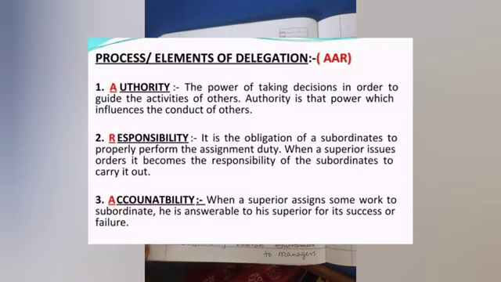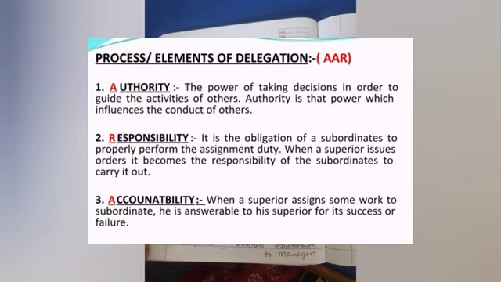Now let's discuss limitations of planning. We have also discussed delegation and its elements. Delegation means shifting the authority and responsibility to another person, who then has the authority to give orders to others. The elements of delegation: first is authority.